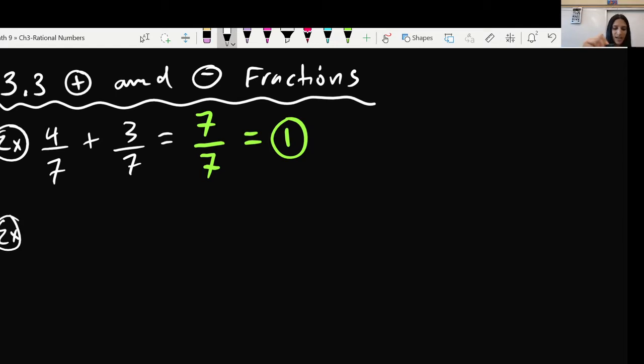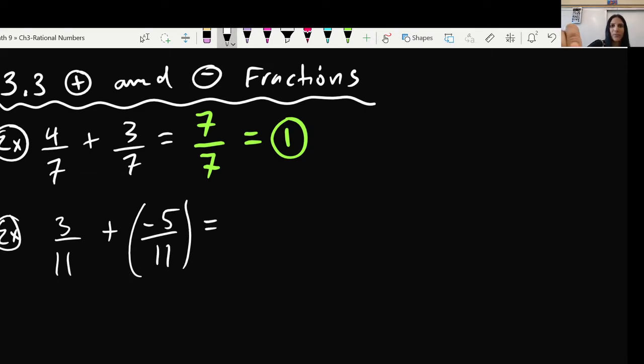Okay, so in that case, we started off nice and basic with something you already know. Let's say we have 3 over 11 plus negative 5 over 11. Again, the nice thing for us in this case is that we already have the same denominator. So in my answer, I can already write over 11. And at the top, I just need to practice my integer skills. If I have 3 plus negative 5, I'm taking 5 away from 3, so on the number line, I'm moving towards the left.